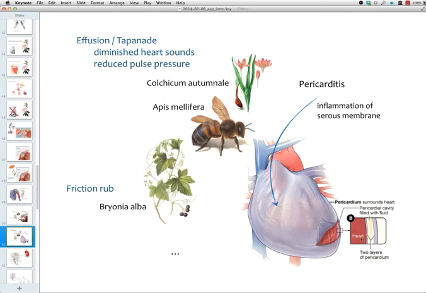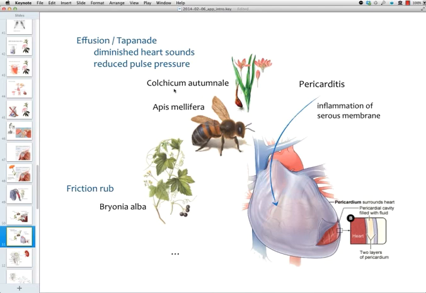Bryonia, dryonia, right? This will be dry. There should be a little bit of fluid lubricating this space between these two layers of pericardium about the heart, okay, so that it can move frictionlessly. When this is particularly dry, we listen with our stethoscope and we hear a friction rub. We hear lub, dub, lub, dub, lub, dub, okay?